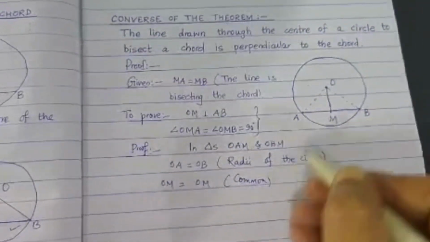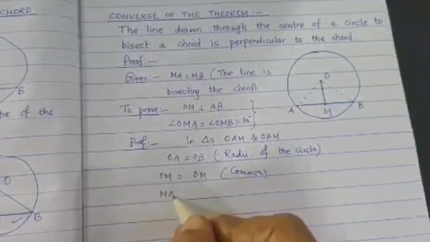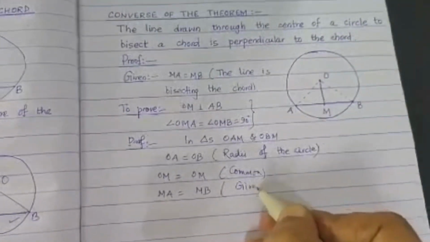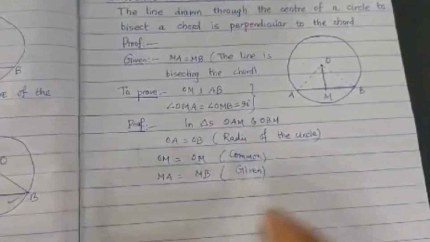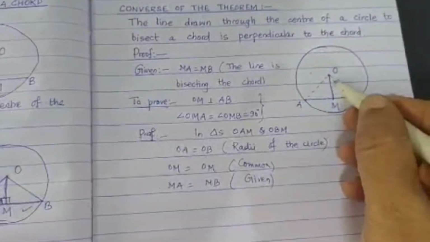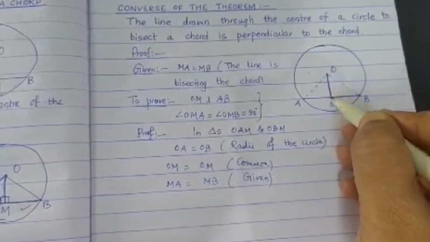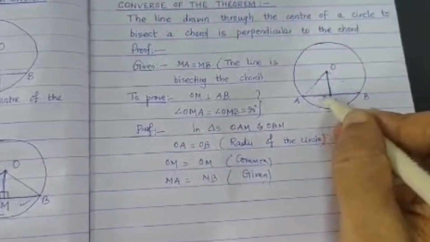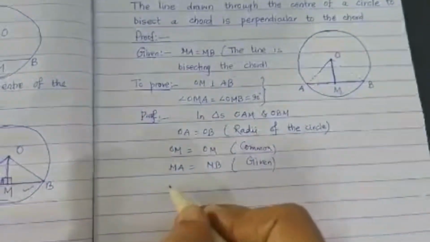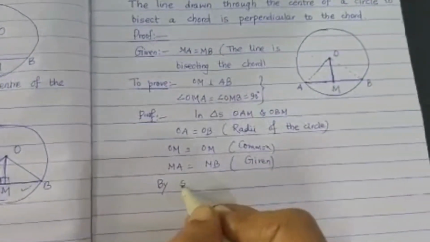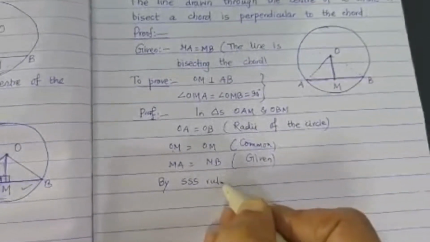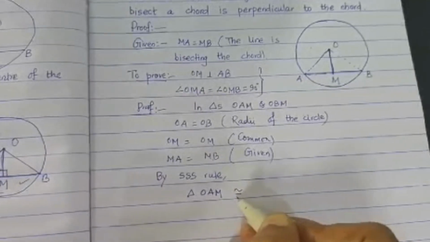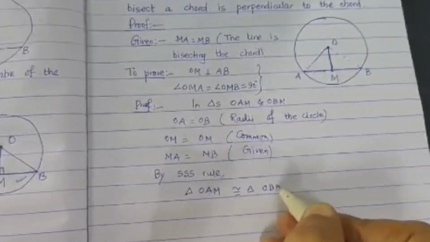And the third one is MA equal to MB, this is given. So this is common, this is the radius and this is the given thing. So basically by SSS rule, we can say that triangle OAM is congruent to triangle OBM.